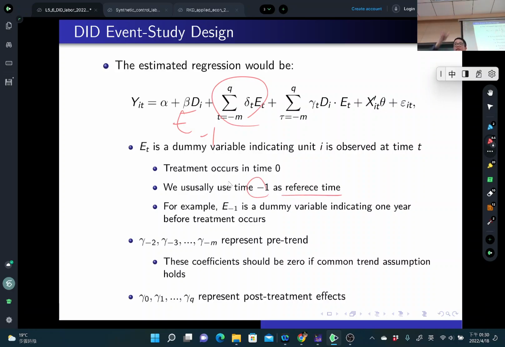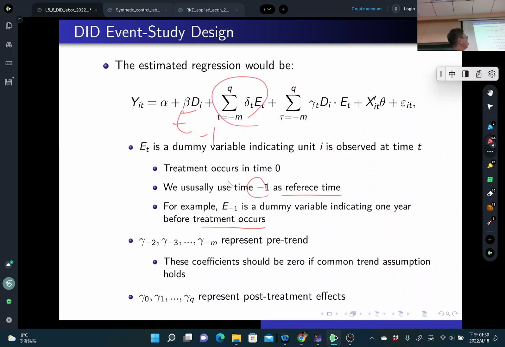So every year, the outcome difference between the treatment group and control group is compared with the year just before treatment occurs, compared with the reference year's difference, okay?